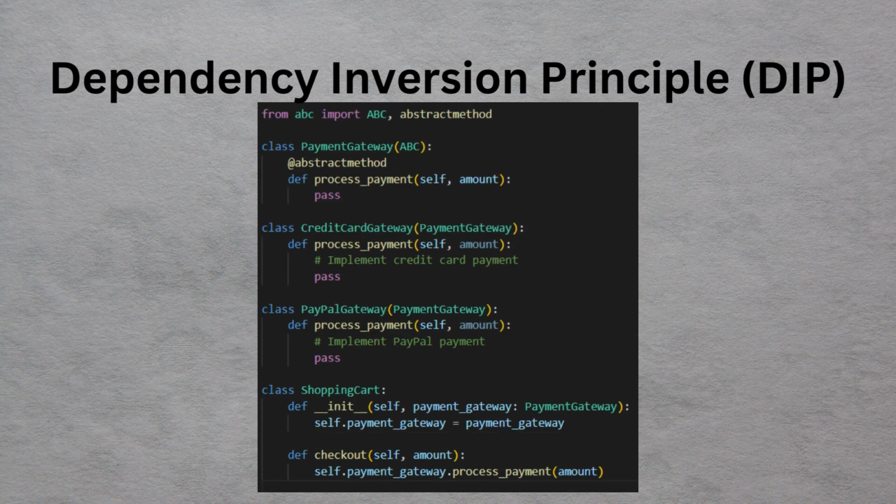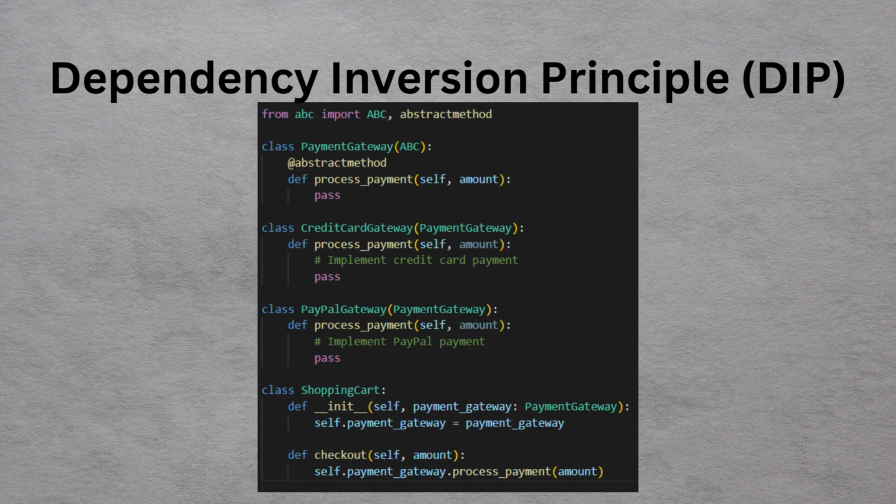To adhere to the DIP, we can refactor the class hierarchy to use interfaces or abstract classes. In this refactored code, we've defined an abstract payment gateway class that defines a common interface for processing payments. We've also defined credit card gateway and PayPal gateway subclasses that implement the process_payment method.